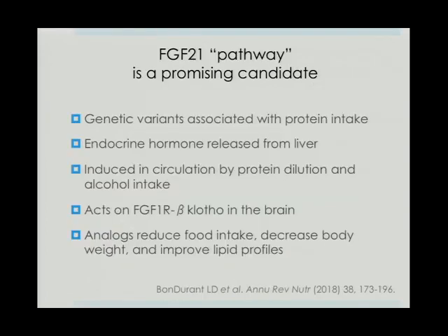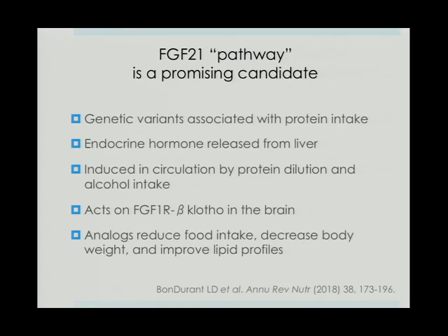So this is sort of my theory, but it's just a theory, that potentially FGF21 and the pathway that it works in, which is only very preliminarily described in molecular studies, could play a role as this sort of catabolic signal of overfeeding.